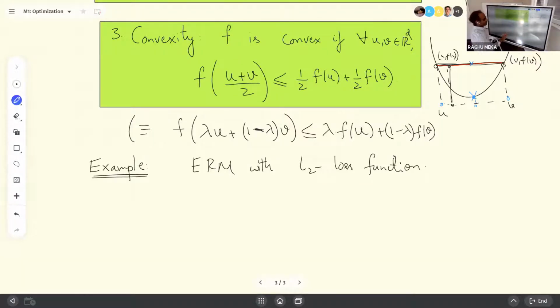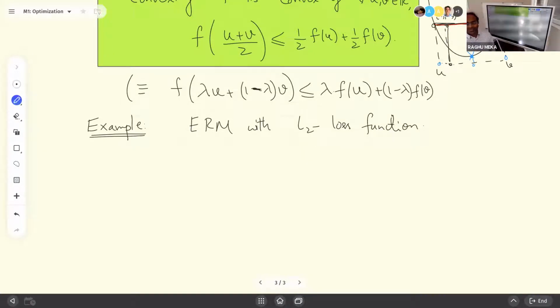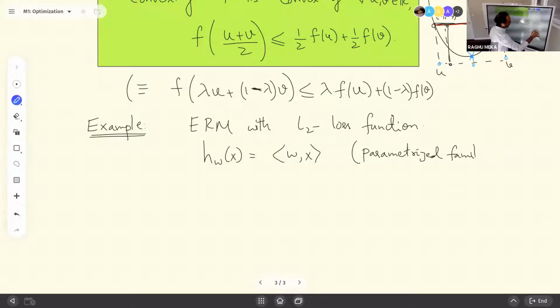There we took the linear predictors as our prediction family, and the loss function was (a minus b) whole squared.